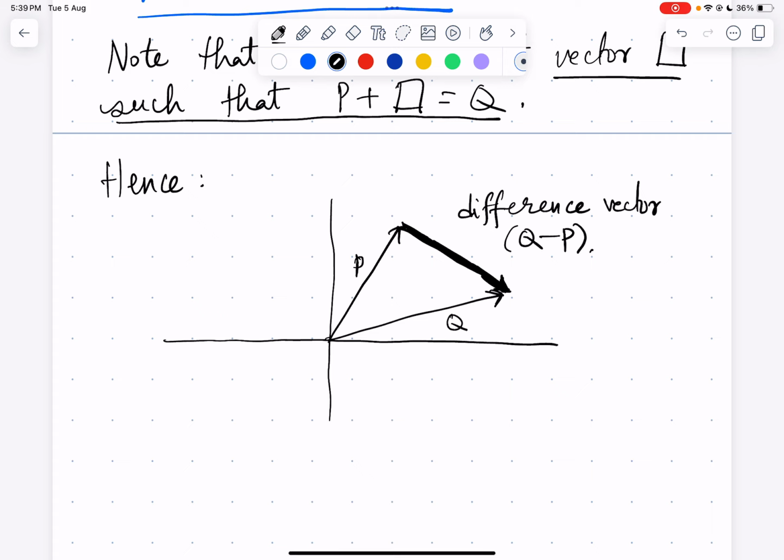It is precisely this vector, this bold vector. So this is how we interpret the difference of two points, so the difference of two vectors.